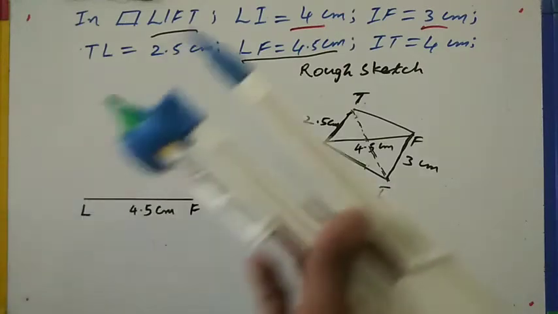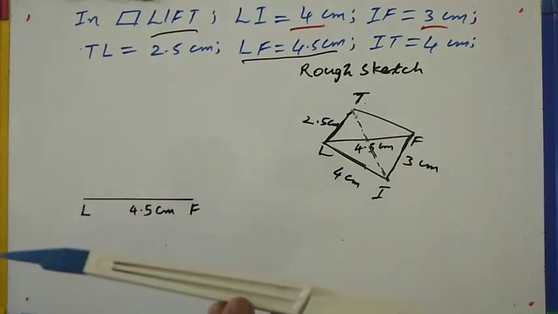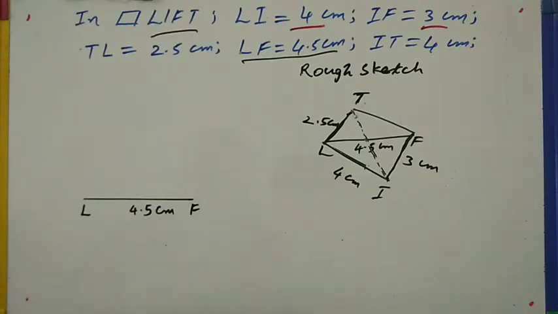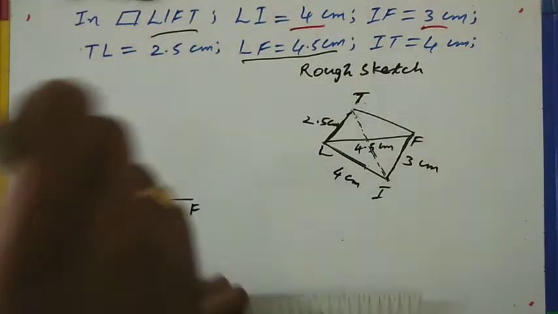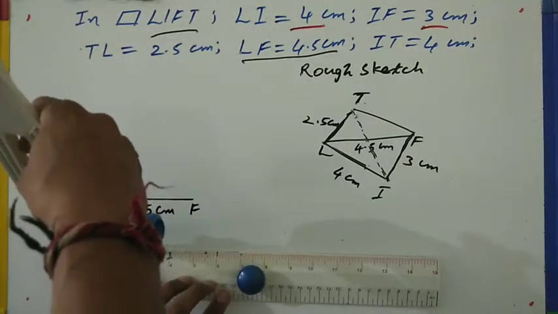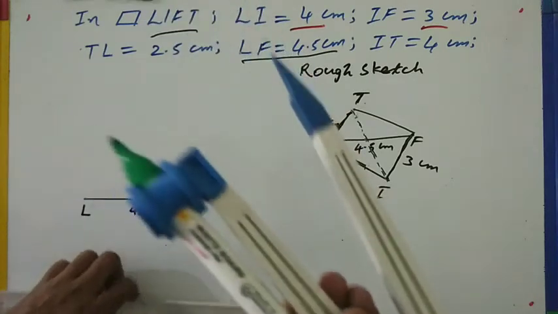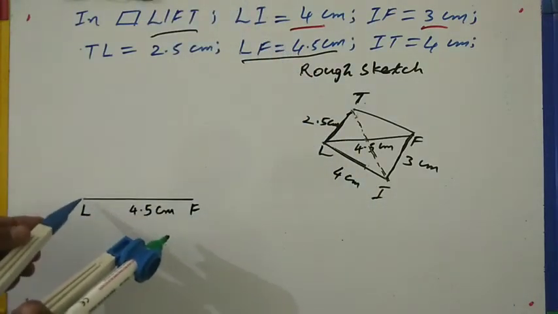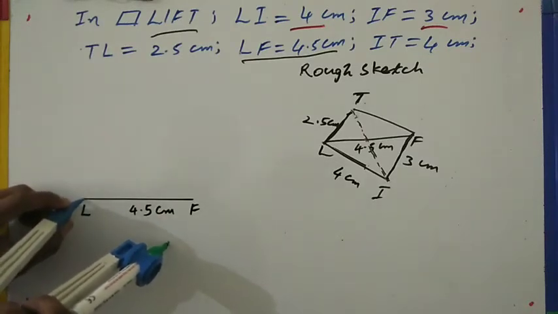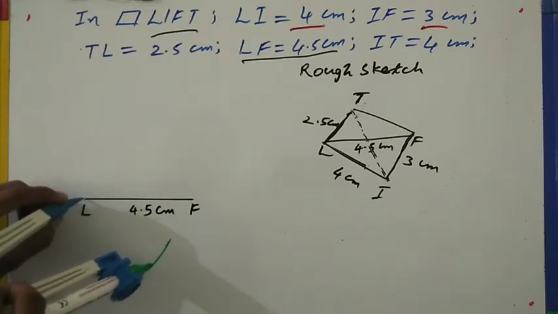First, I will use a pair of compasses to construct an arc of measure 4 centimeter. So, here I am measuring 4 centimeter as the radius of a compass. Considering L as the center of compass, I am constructing an arc of measure 4 centimeter.